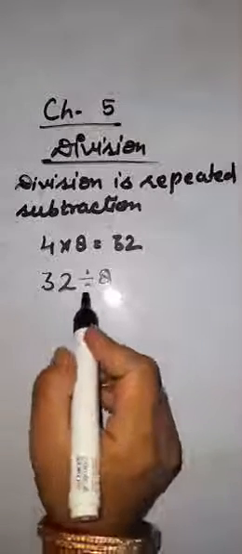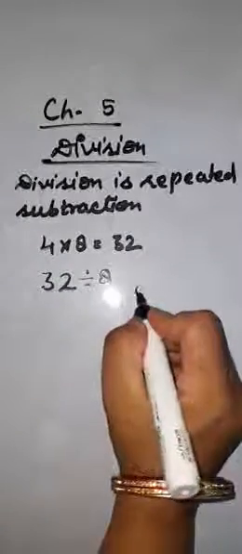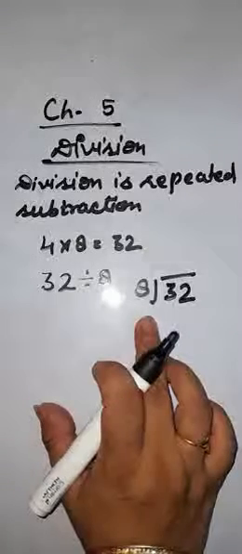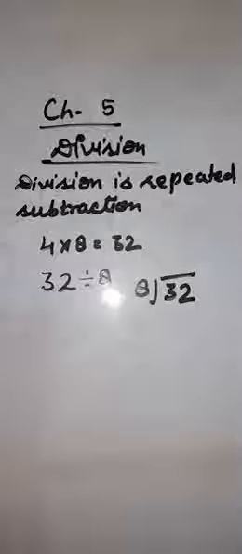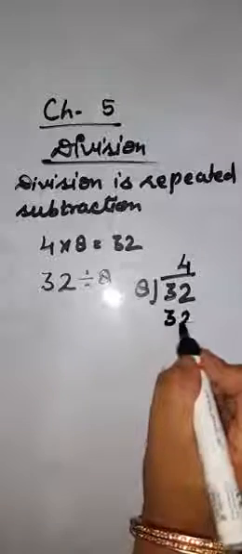So here, first of all, we will solve it the dividing way. We write 32 divided by 8. Now I know the table of 8. 8 1s are 8, 8 2s are 16, 8 3s are 24, 8 4s are 32. So we write 8 4s are 32.